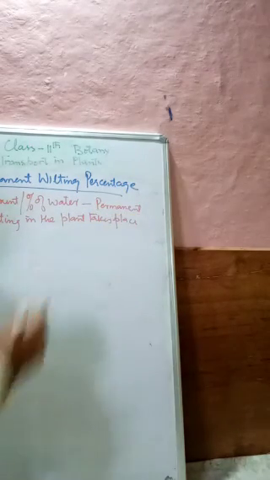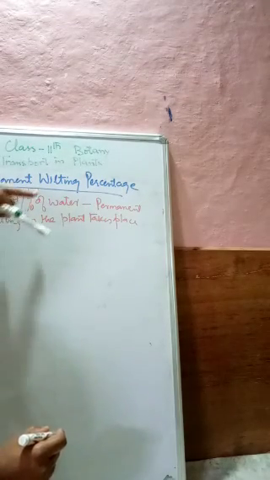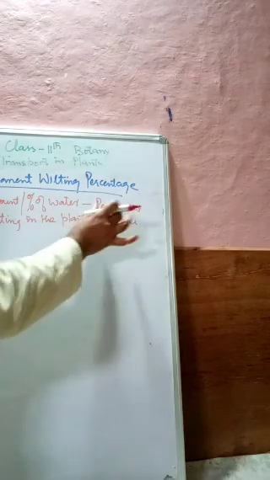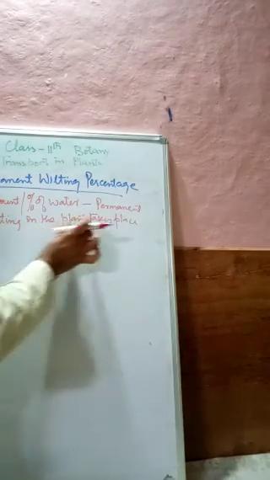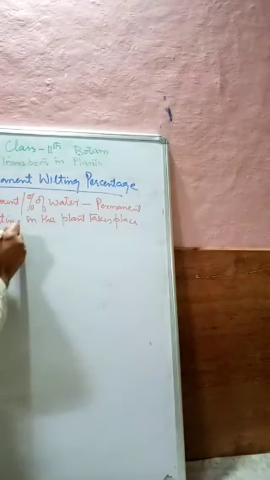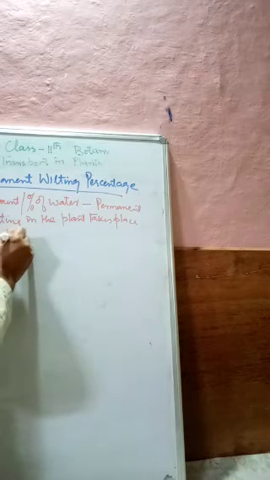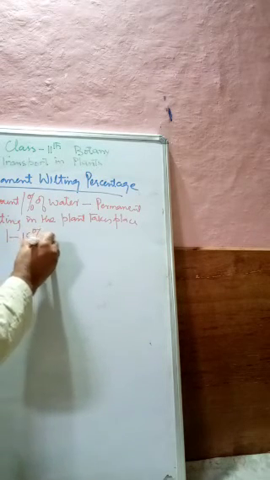It is simply the amount, the percentage of water which is available in the soil so that permanent wilting in the plant takes place. Its value varies from 1 to 15%.